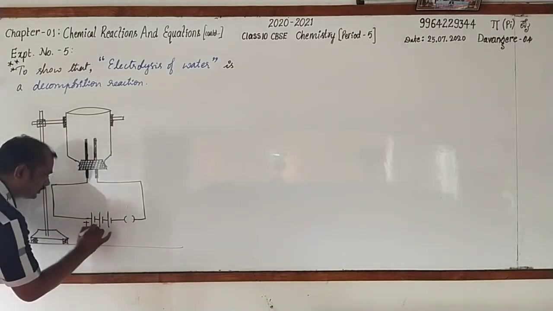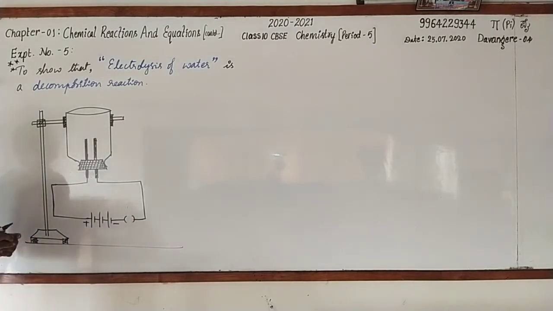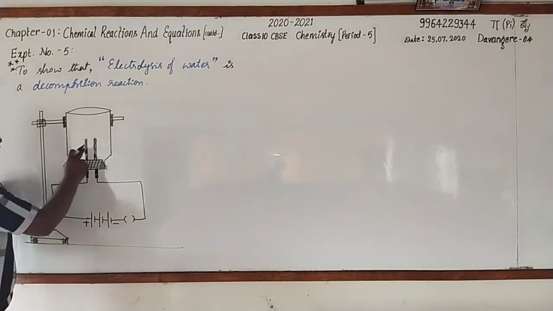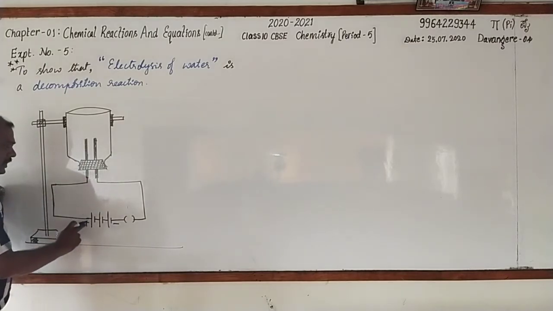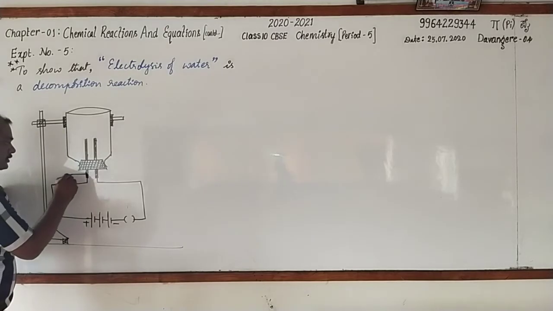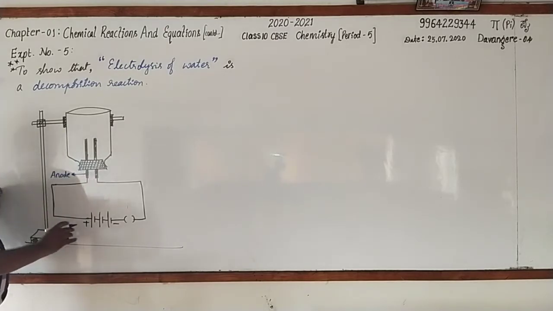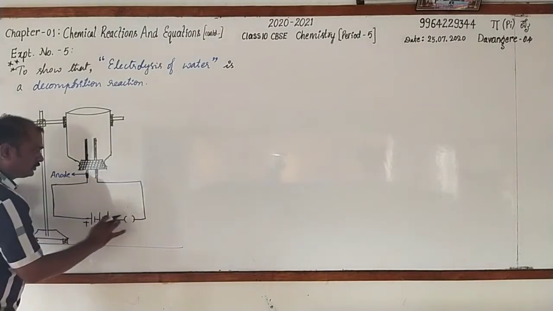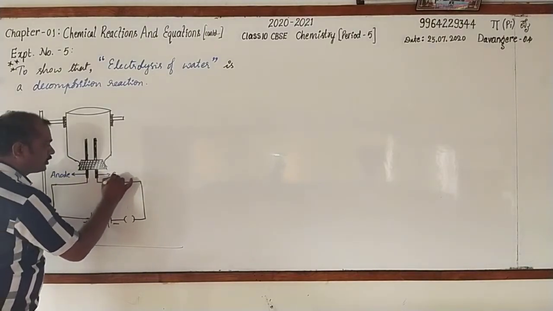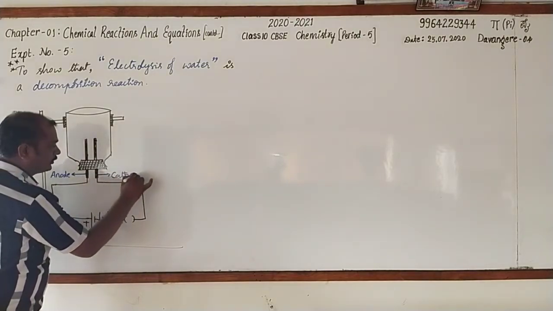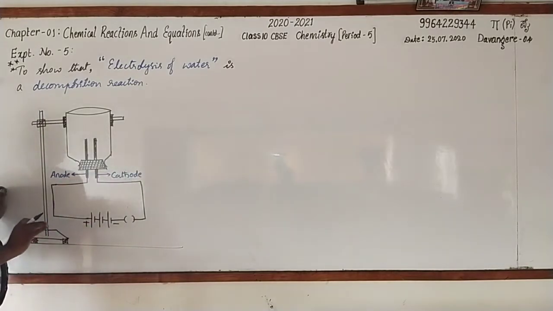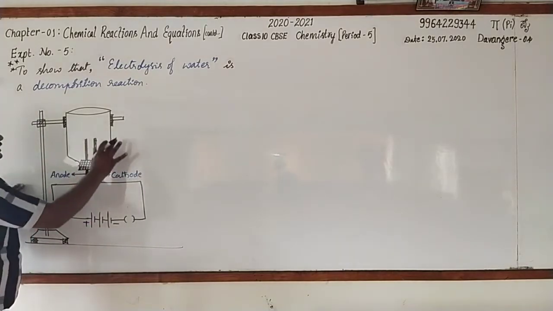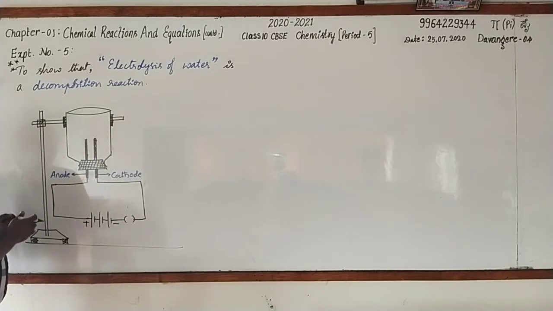One is to be connected to the positive and the other one to the negative terminal. The electrode which is connected to the positive terminal is called anode. Please do remember. And the electrode which is connected to the negative terminal is called cathode. Clear? Then this whole arrangement is to be fixed to the iron stand.